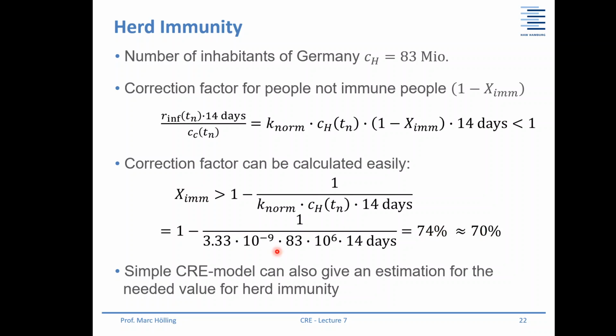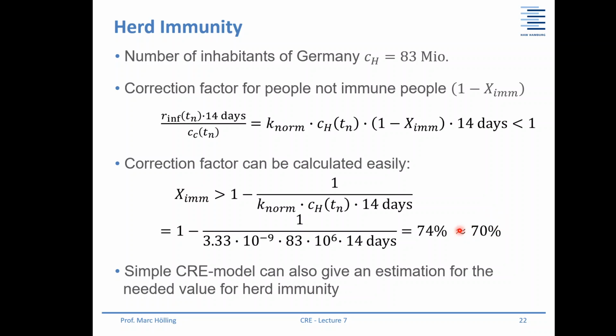Even though this is just guessing on my part, we could say that we need approximately 70%, which is what you hear in the news. I think it is quite interesting that this very simple model of chemical reaction engineering can also give an estimation for the needed value for herd immunity.